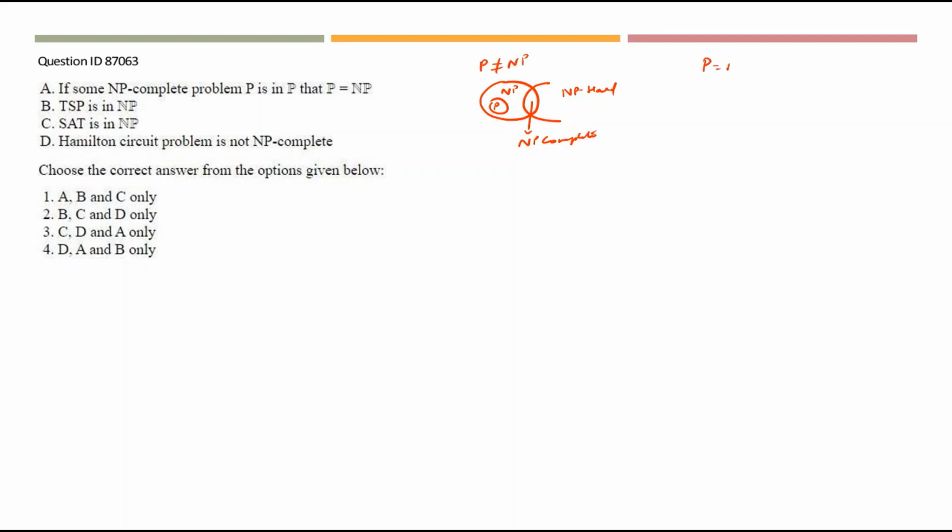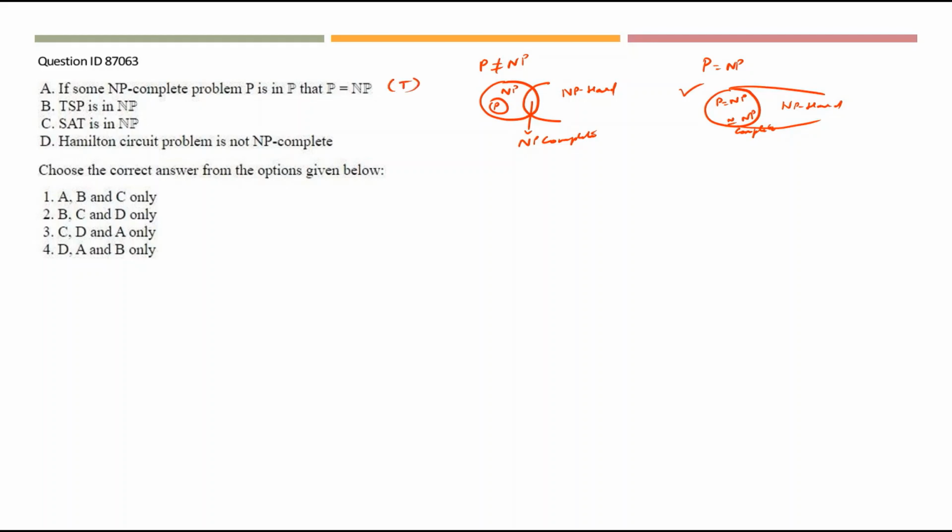Now when P is equal to NP, the scenario will be, this will be NP hard, but here P is equal to NP and it is approximately NP complete. When we take this depiction into consideration, if some NP complete problem P is in P, then P is equal to NP is what this diagram says.